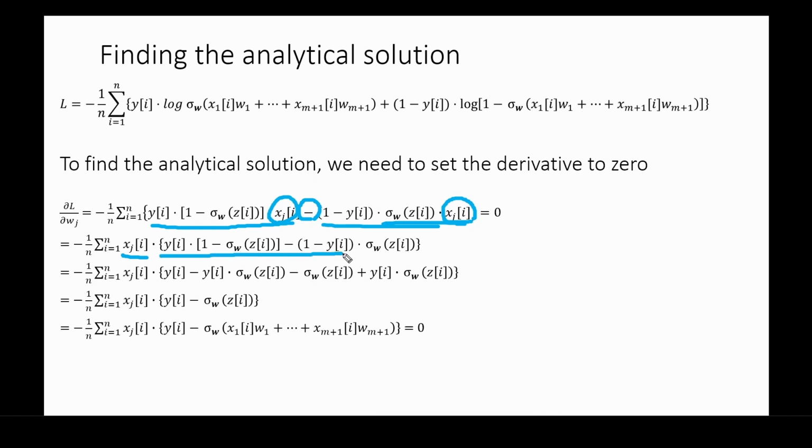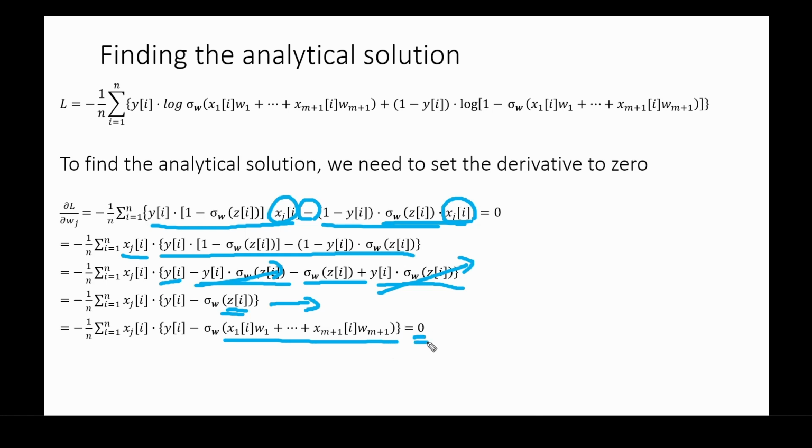We can multiply this expression out, so it becomes y minus y times sigmoid function, minus sigmoid function, plus y times sigmoid function. Okay, this term and this term will cancel out each other, so we are left with this expression. And then of course z is equal to the linear combination of input.